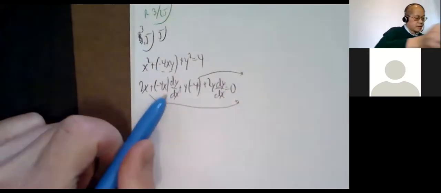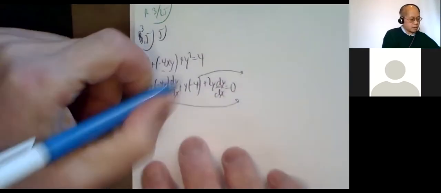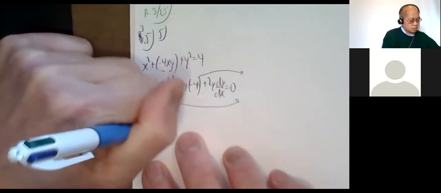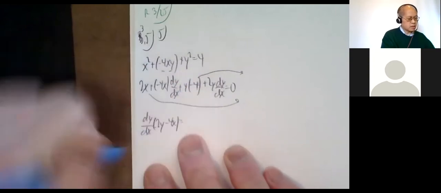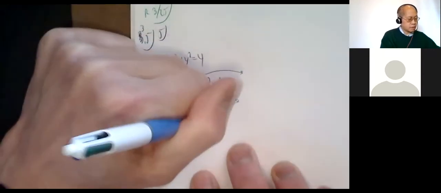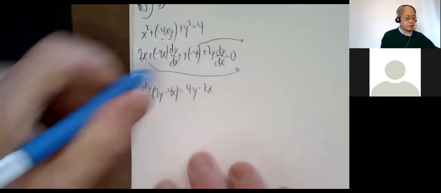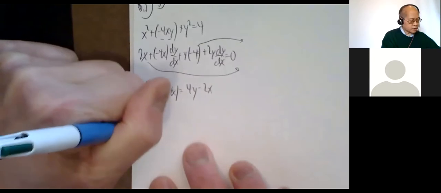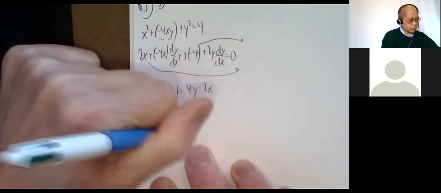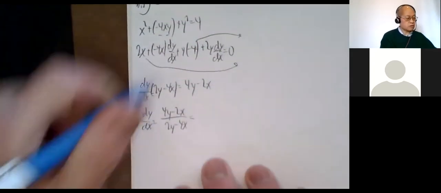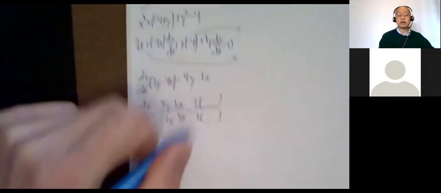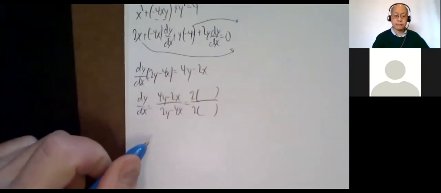These two have a dy dx, factor out the dy dx. 2y minus 4x, and these two come over and change signs, so it'll be positive 4y minus 2x, divided by this, so dy dx equals 4y minus 2x over 2y minus 4x. You could factor out a 2, and then reduce. I'll let you do that. That's fairly straightforward.